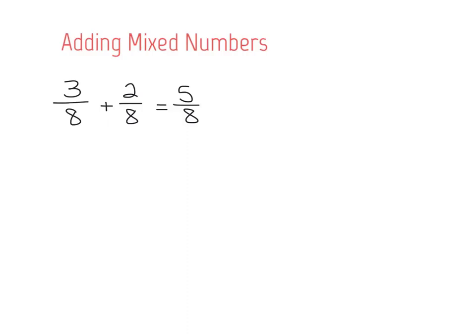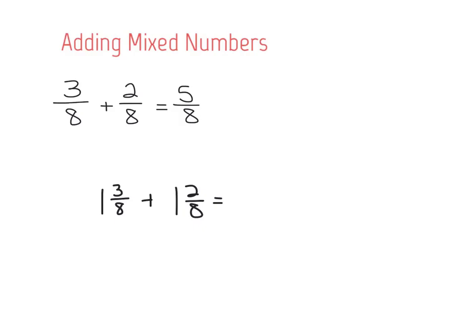So let me take that one step further. What if we had whole numbers in front of those? What if we had 1 and 3 eighths, that means 1 whole pie and 3 eighths of another, plus another 1 and 2 eighths. Okay, watch this. So in this situation, we first add the whole numbers.